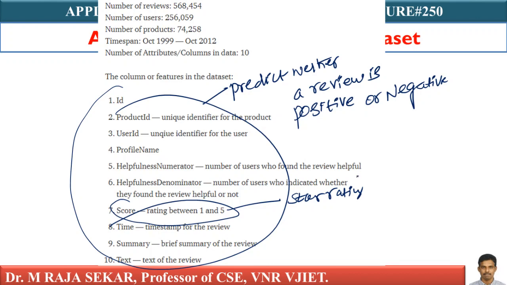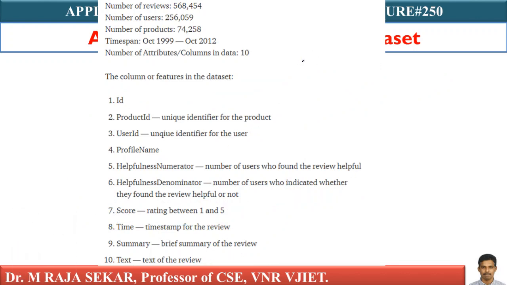If somebody rated your product 4-star or 5-star, there is a very high chance that the customer's review is most likely positive. Similarly, if somebody rated with 2-star or 1-star, there is a very high chance that it is negative. With 3-star, you are not sure.